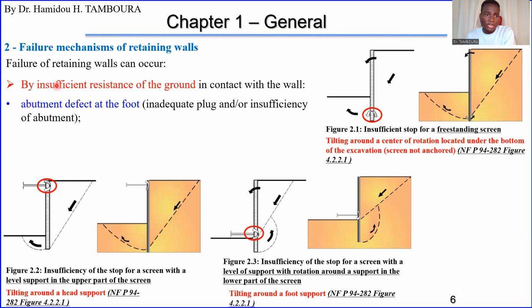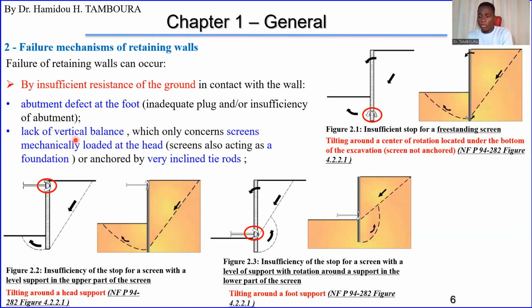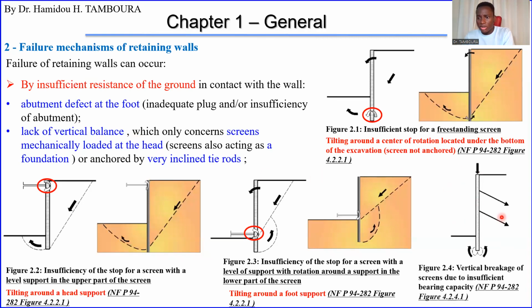Second case, same category: lack of vertical balance. This case concerns retaining walls that are mechanically loaded at the head, meaning retaining walls that are used as foundations, or those anchored by very inclined tie rods. This situation is shown here.